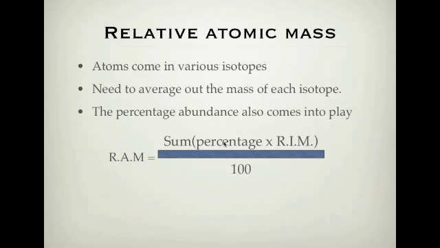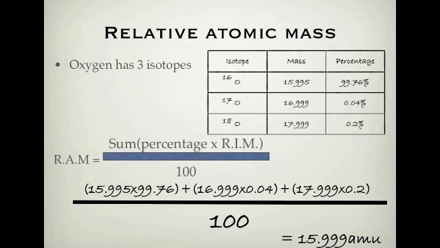Let's put this into practice and have a look at some examples. Our first example is this. Oxygen has 3 isotopes: oxygen-16, oxygen-17 and oxygen-18. Each of these isotopes has a relative isotopic mass in AMU, and they come in different percentages. The 16 is 99.76% of oxygen.